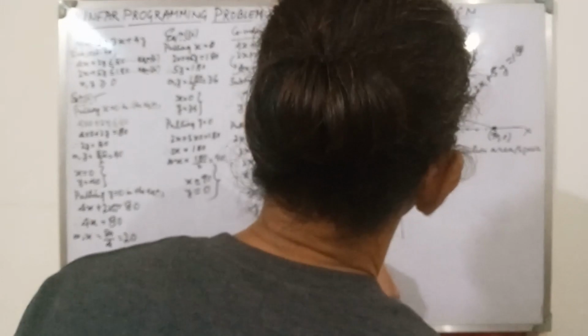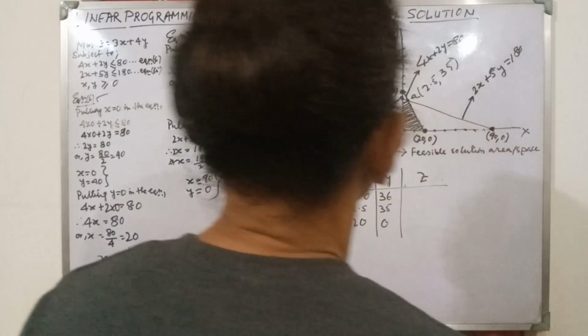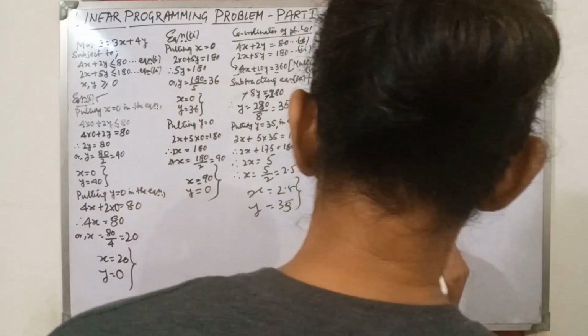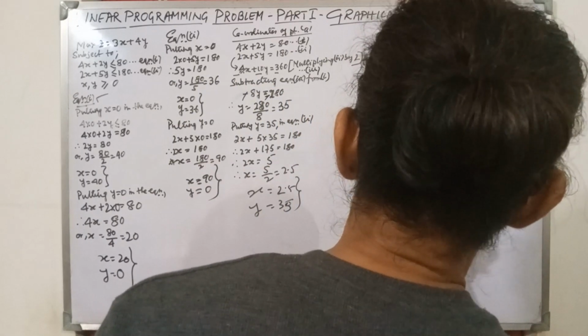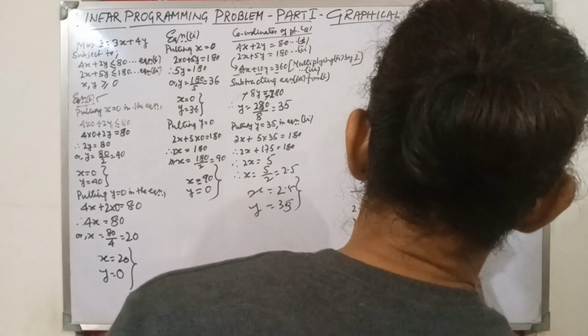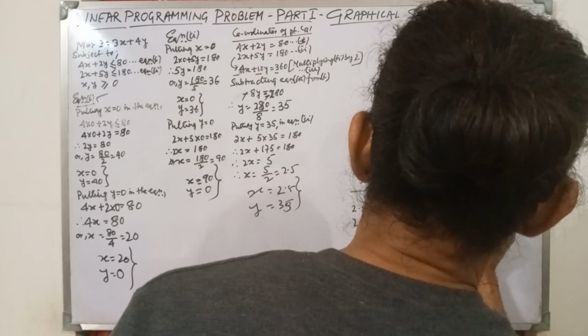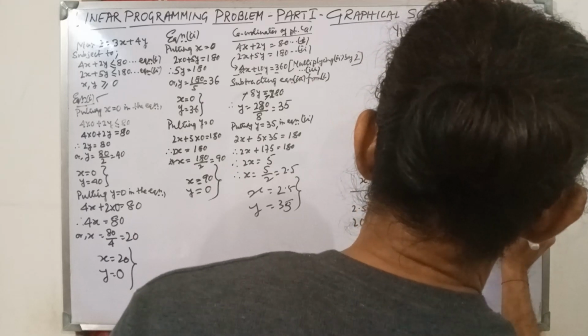Then this point 20, 0. What is the objective function? 3x plus 4y. So here you get 3 into 0 plus 4 into 36. That is 0 plus 144.